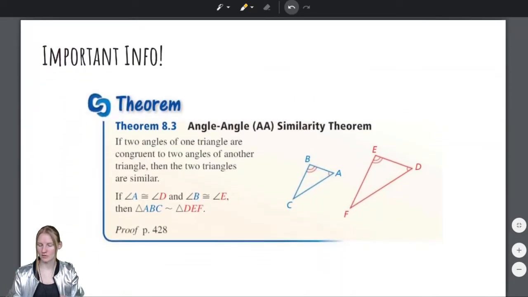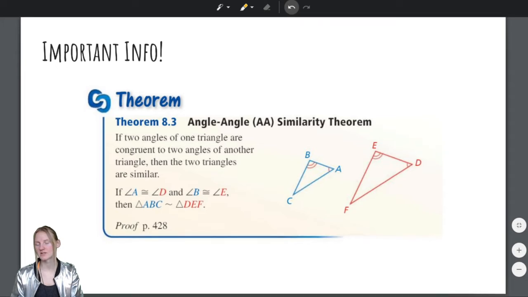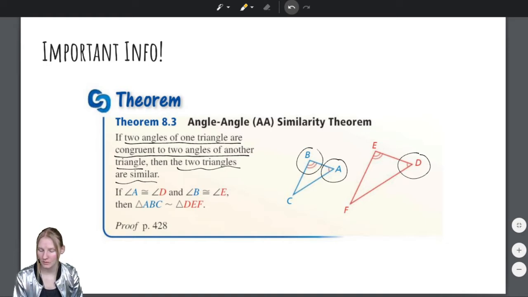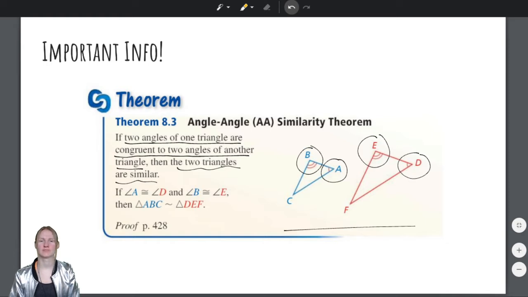Now, here's something new and important. The angle-angle similarity theorem: if two angles of one triangle are congruent to two angles of another triangle, then the triangles are similar. So, if angle A is congruent to angle D, and angle B is congruent to angle E, then these triangles are similar.